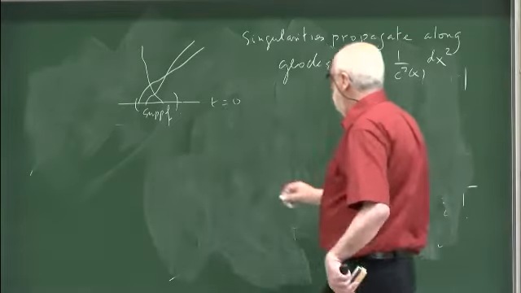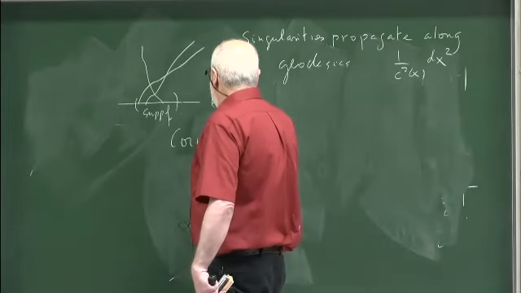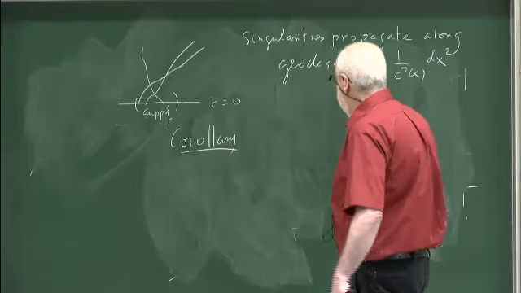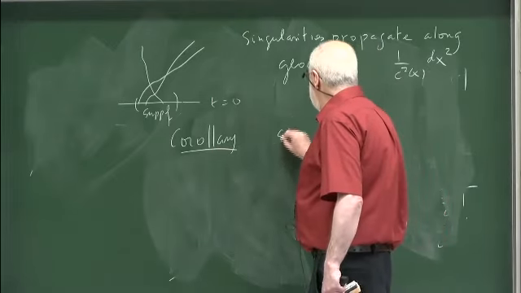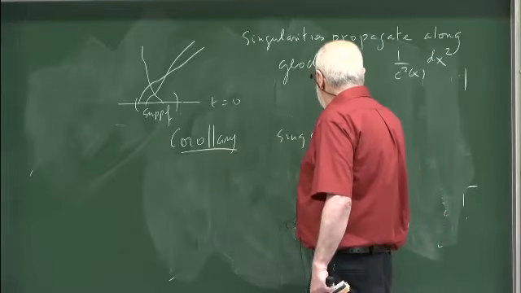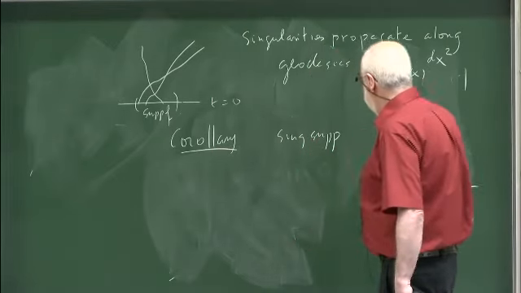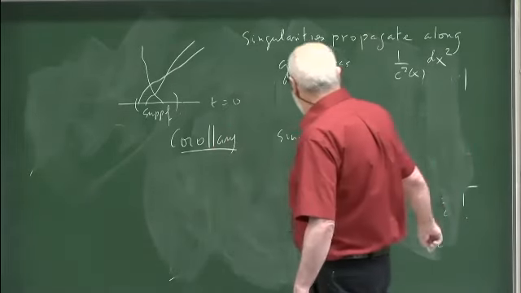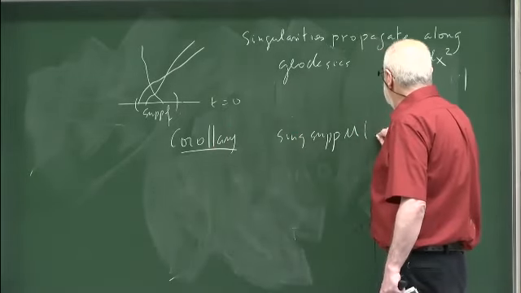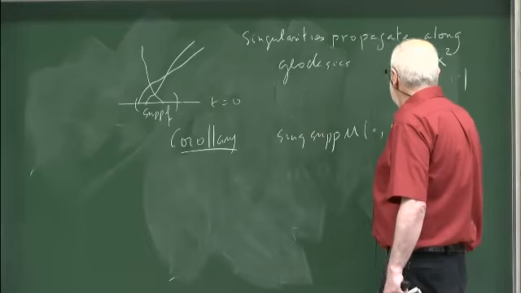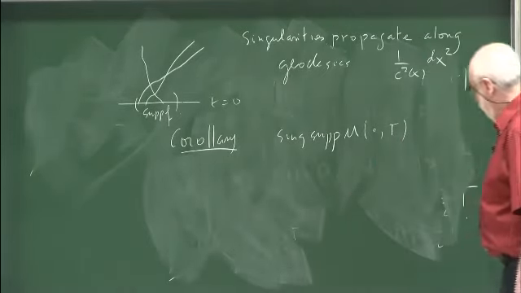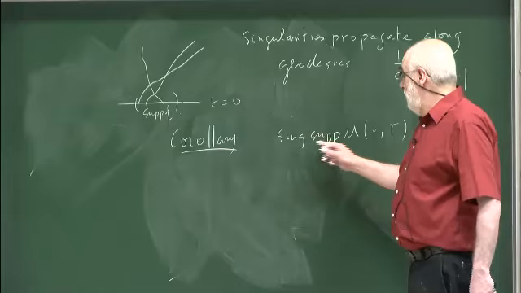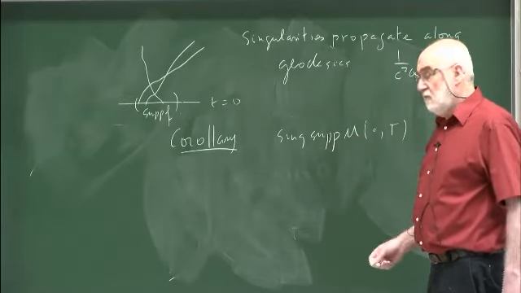So as a consequence, we have the following corollary of Uhlmann's theorem. You want to know the singular support of the solution U. U is as on the left, for a fixed time t. So singular support is all the points where the distribution is not smooth.